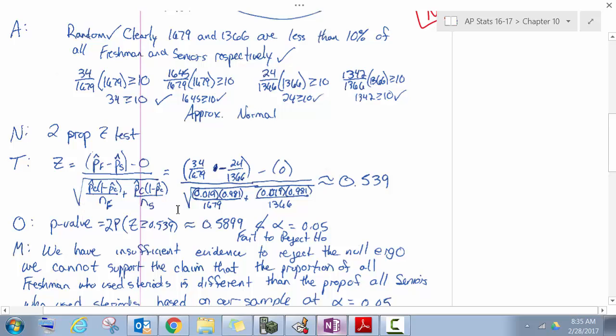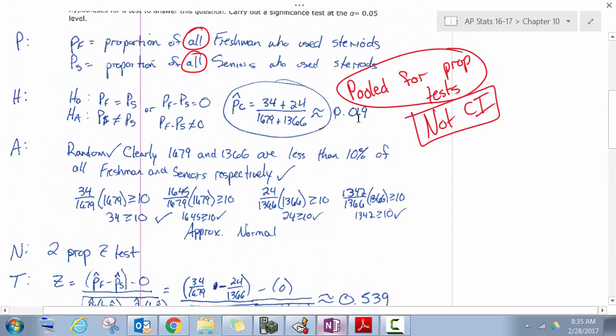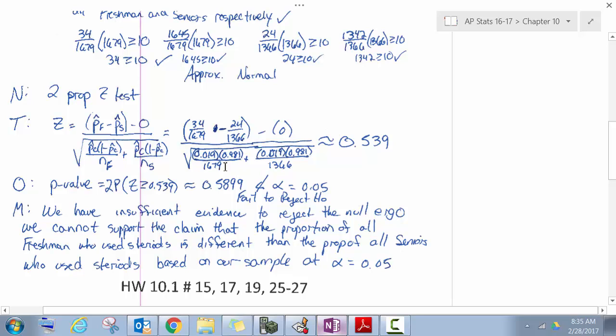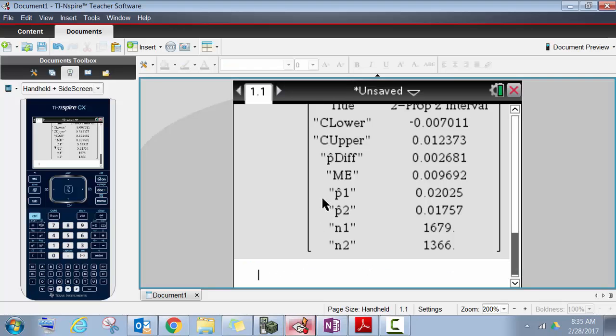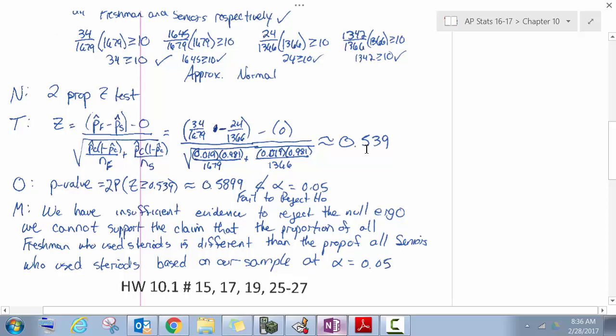Divided by, and this is where we use the pooled proportion, the combination of the two, 0.019. That is what we use for the numerators here, but we use the two different sample sizes for our denominators. That's our formula. When we put it in our calculator, it's nasty, but we get 0.538863. I round it to 0.539.